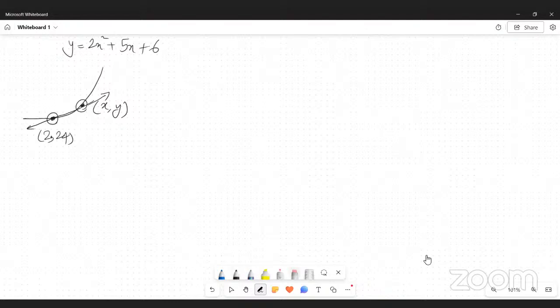Yes, I know it. It will be x comma 2x square plus 5x plus 6. But I'll keep this point constant. So can you still tell me in terms of x?